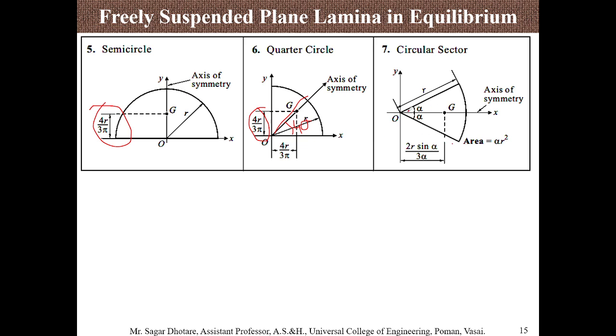And here the symmetry is along the x-axis, so the y coordinate is 0, and the x coordinate x bar is equal to 2r sine alpha divided by 3 alpha. So these are the equations you need to understand to solve any problem related to the centroid.